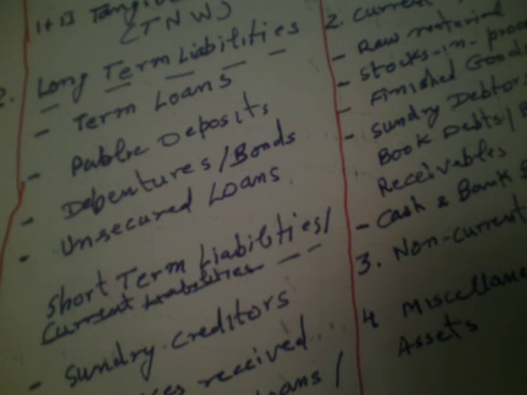So this is a source for the company which they have to pay later on. So this is a short-term liability, a current liability.